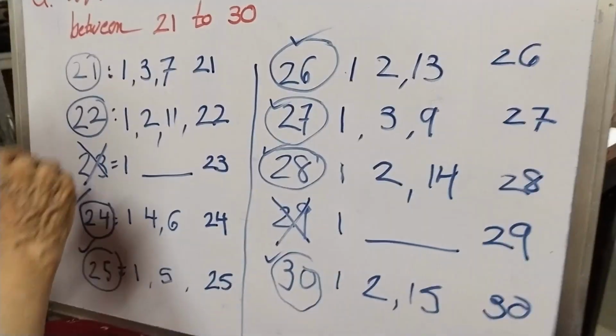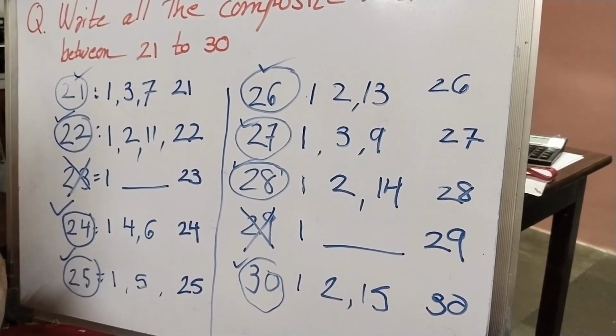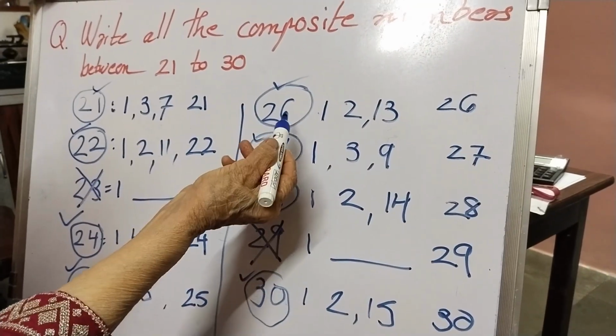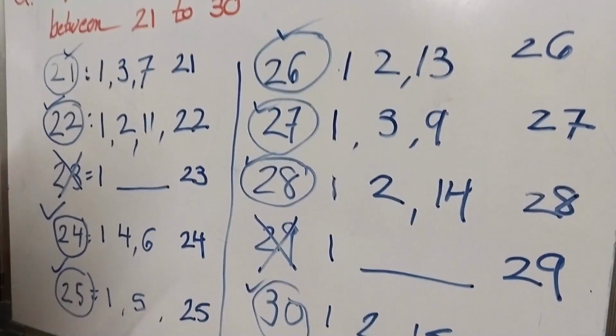So our ultimate answer is 21, 22, 24, 25, 26, 27, 28 and 30.